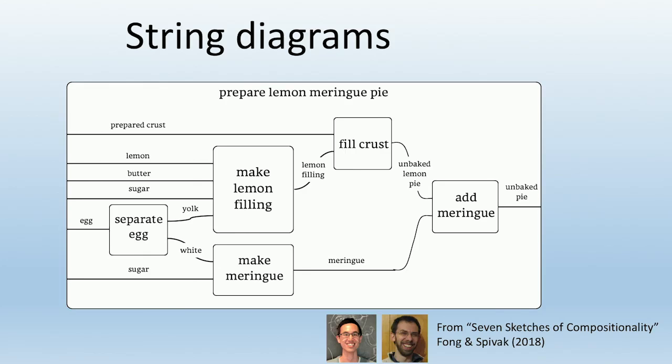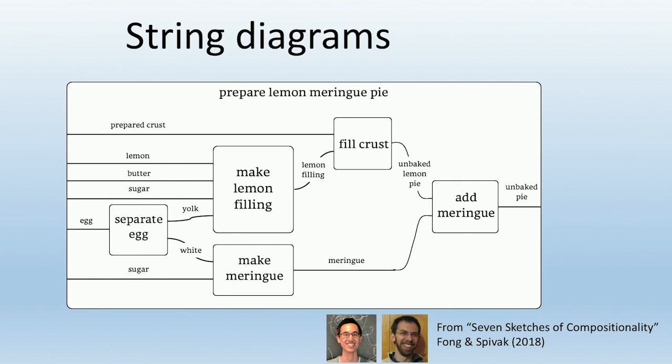I want to show you another thing. These are called string diagrams, and this is the design that we saw at the start of the talk. Is there anyone who can't figure out roughly what this is supposed to be doing? It's pretty straightforward, right? So this diagram precisely represents an underlying category.